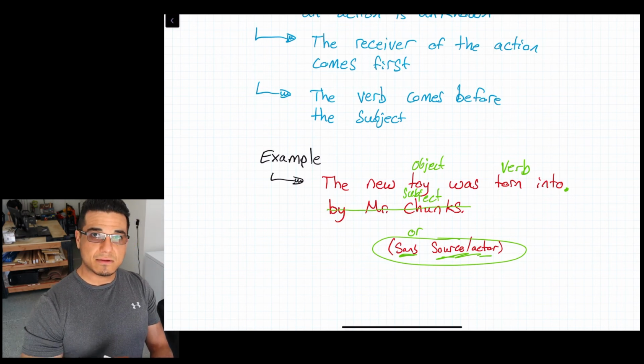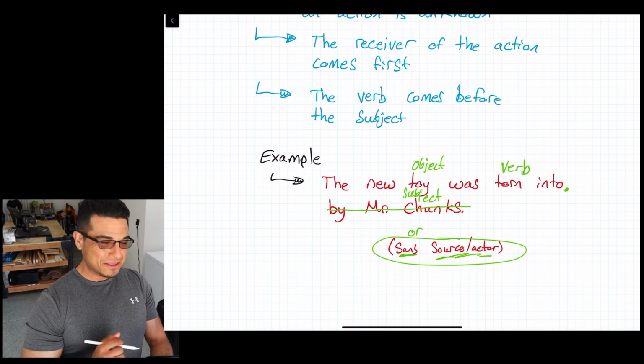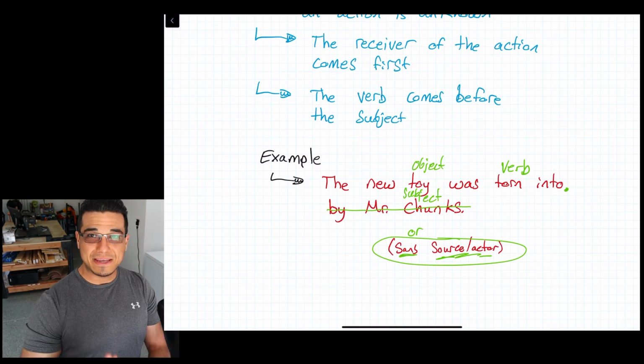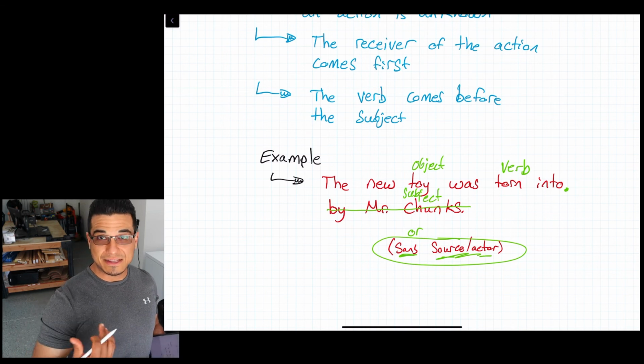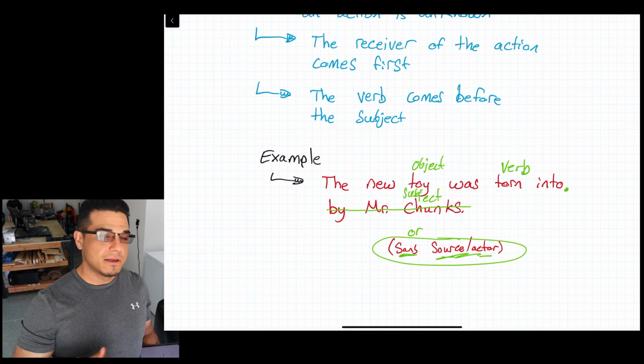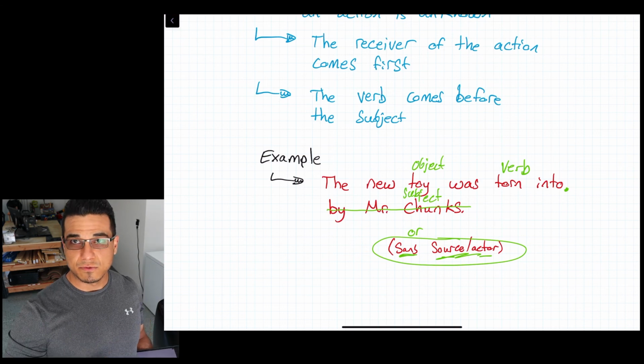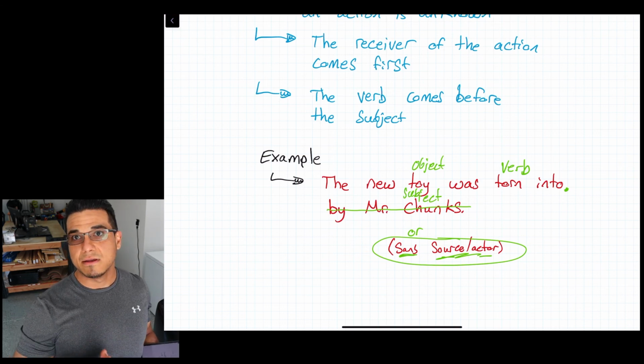So rereading it, still in its passive voice, the new toy was torn into. So in this sentence, I'm just passively letting you know, hey, this new toy was torn into. I'm not designating someone or something responsible for why the toy was torn into or for who possibly tore into the toy.